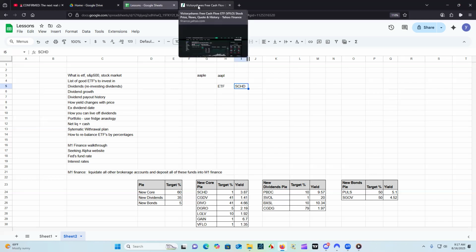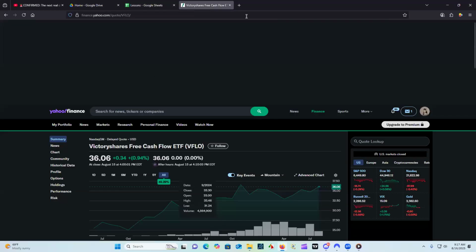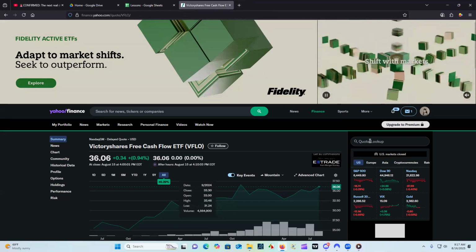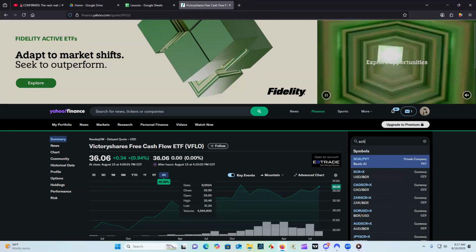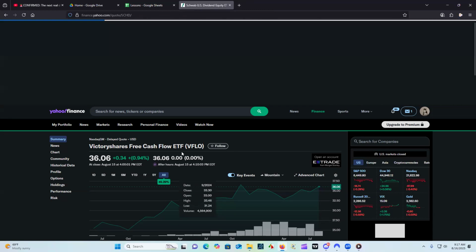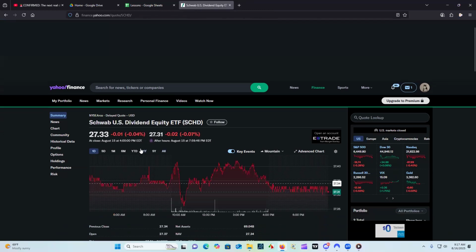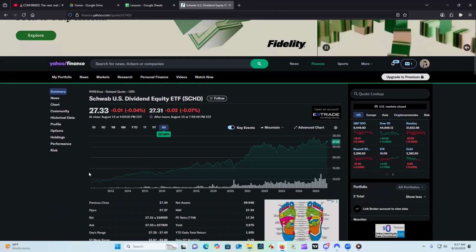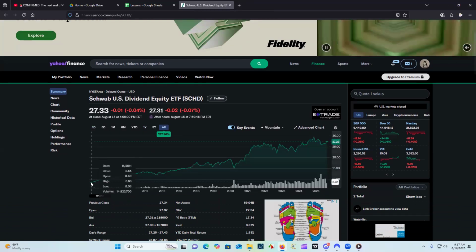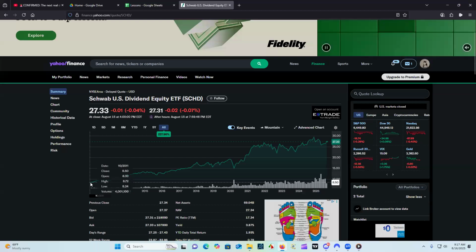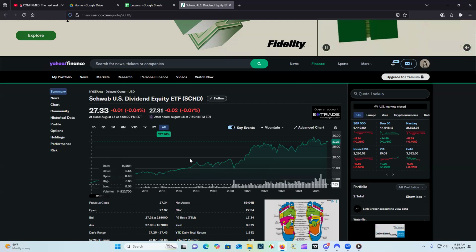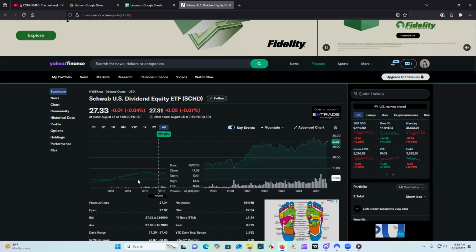So if you go to Google and type in SCHD here, and then you look at the all-time chart, let's see what it's done. Ever since 2011, it was trading around $10, but now it's at $27. So if you would have bought it at $10 and sold it at $27, you would have made a good profit.